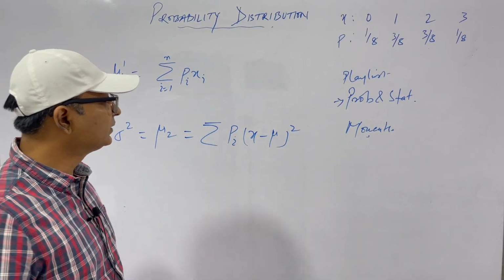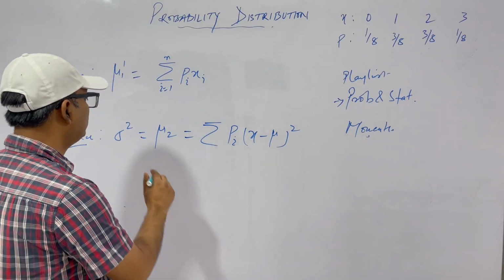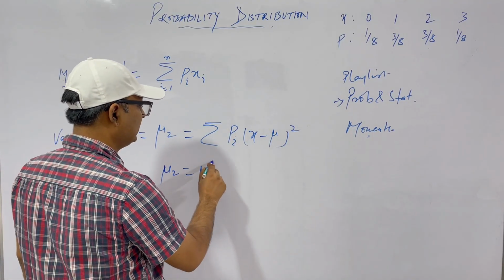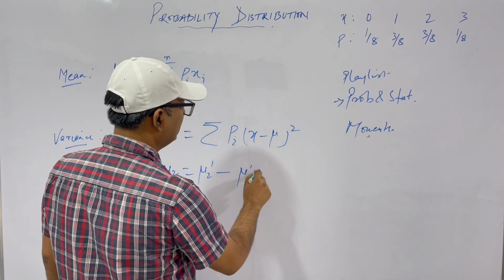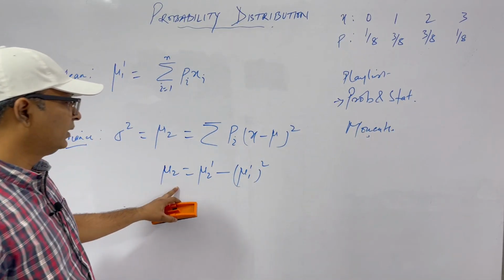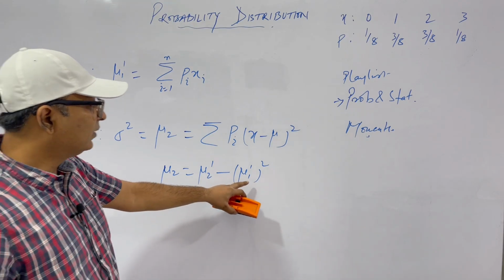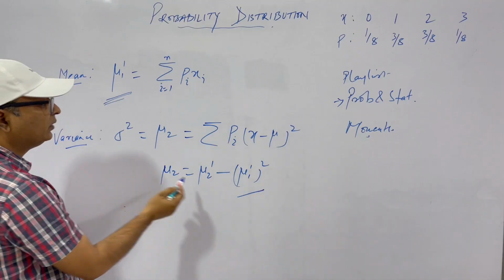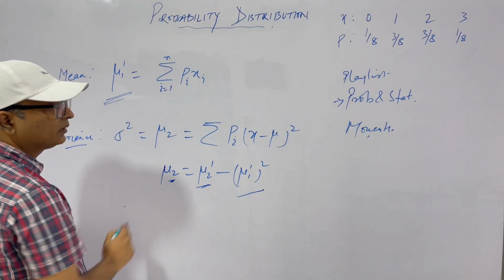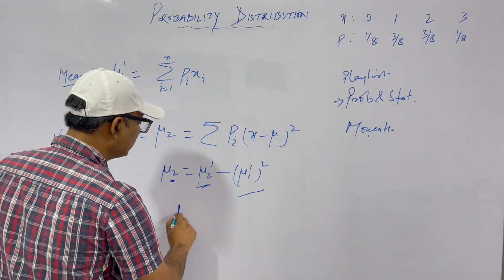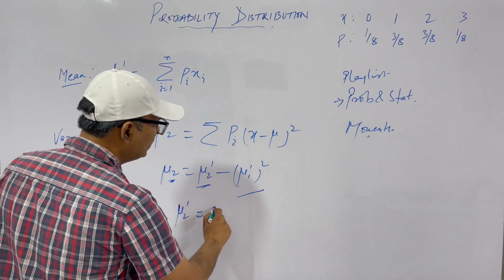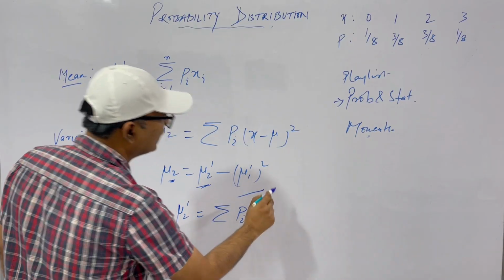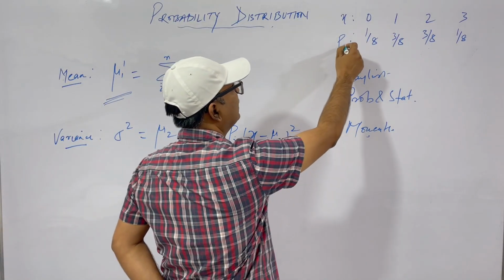Or what you can do is, if you remember, mu2 is given by mu2 dash minus mu1 dash square. This is the formula. Now you know mu1 dash, which you have calculated. What is mu2 dash? Mu2 dash is simply pi into xi square.